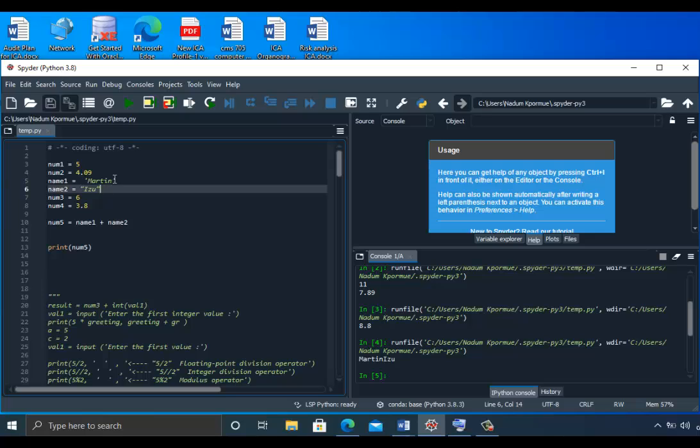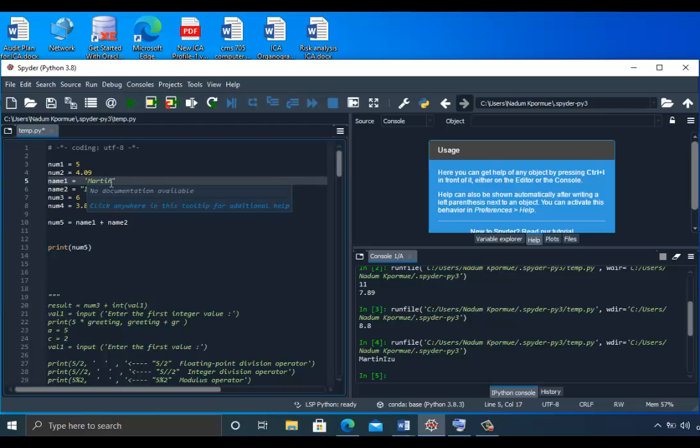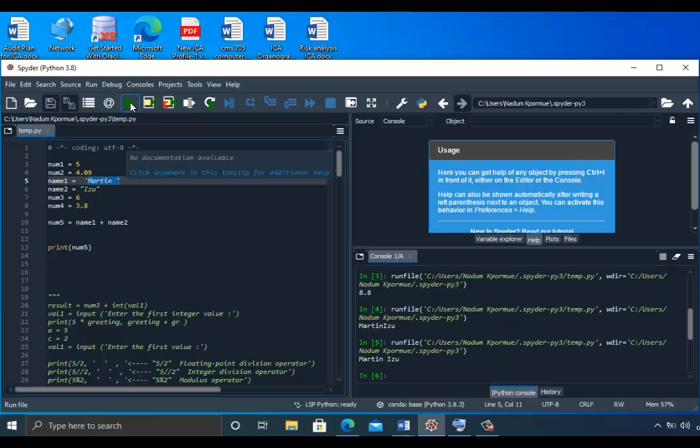If you want to space it, then you can create a blank space or a white space on this string of characters. If we run that program again, we now see that we have what? Martin space izu.